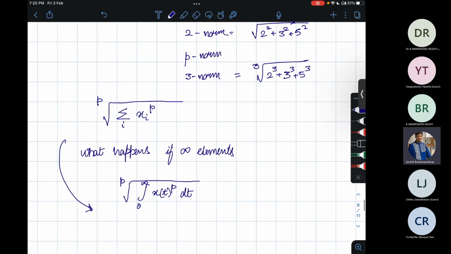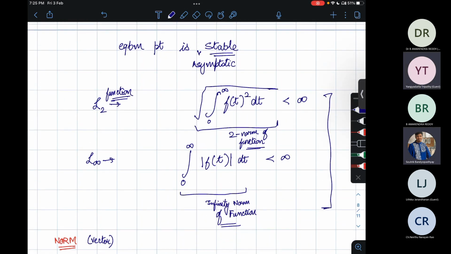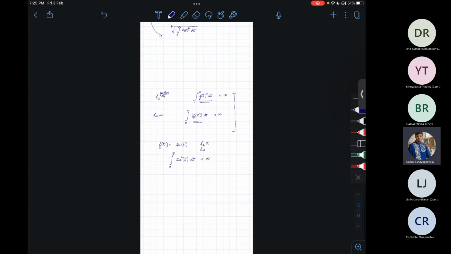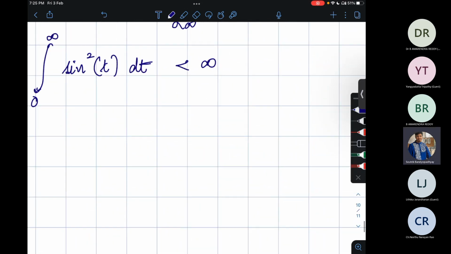So yeah, this was incorrect. So I realize it now. It should be maximum of this, maximum of f of t.